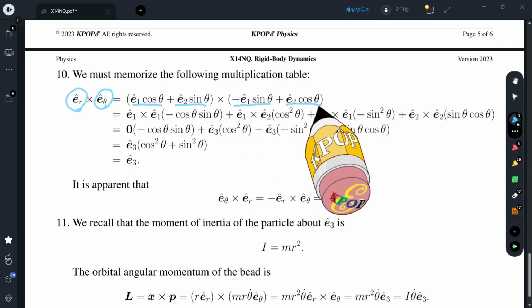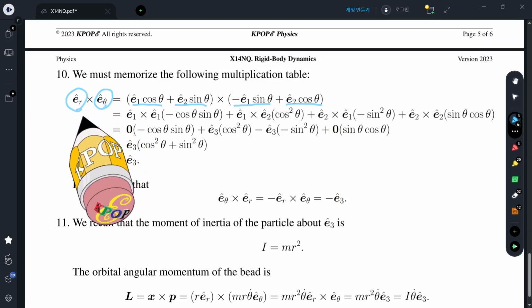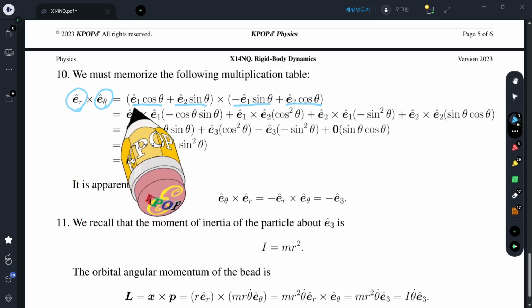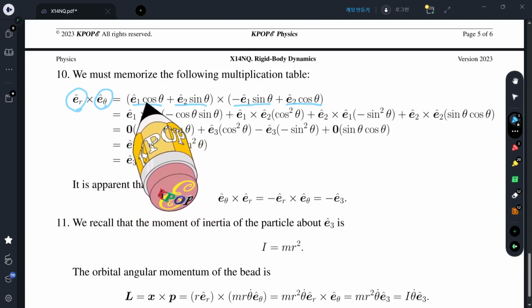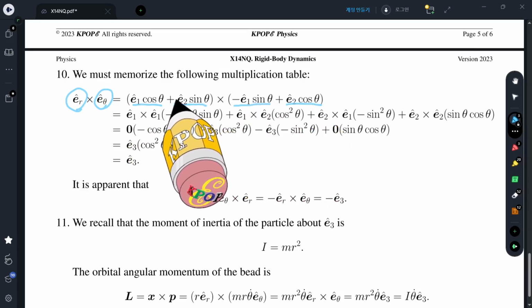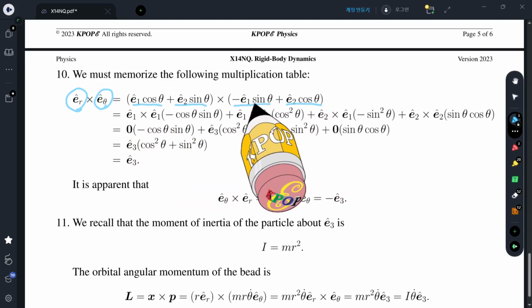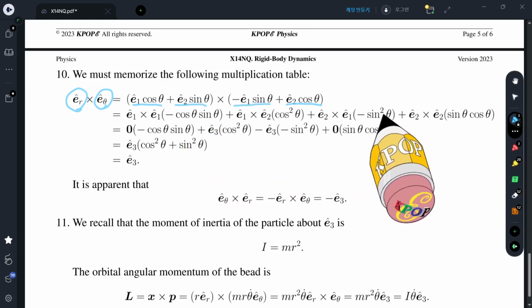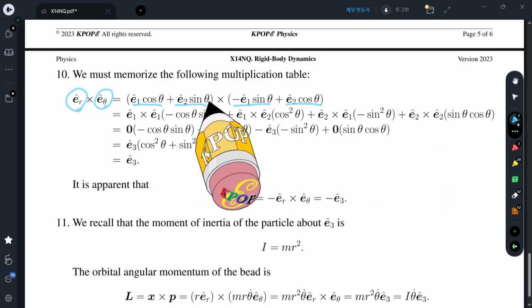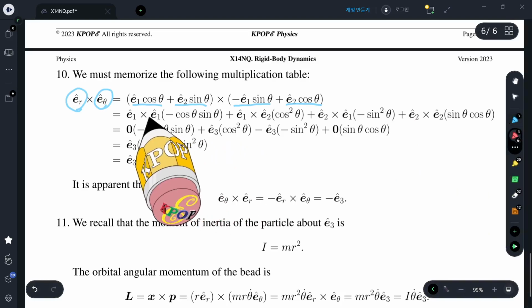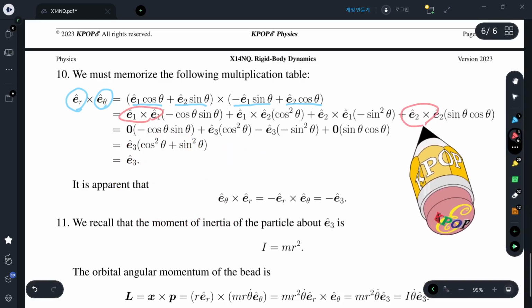The cross product of E r and E theta can be expanded in terms of cross products of E_i and E_j. E1 cross E2 with cosine squared, and E2 cross E1 with minus minus sine squared. As you know, same thing disappears.